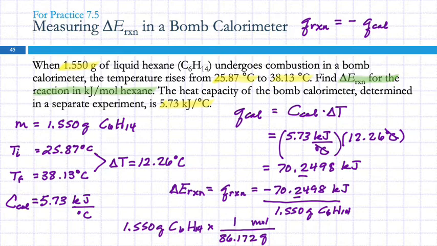So 1.55 divided by 86.172 gives us 0.0179873 moles. Okay? So instead of the mass, I'm going to write the moles in there, because I want it per mole.